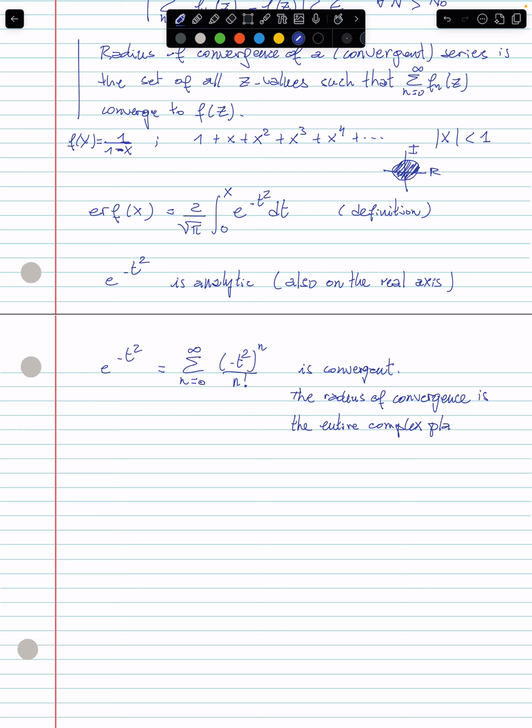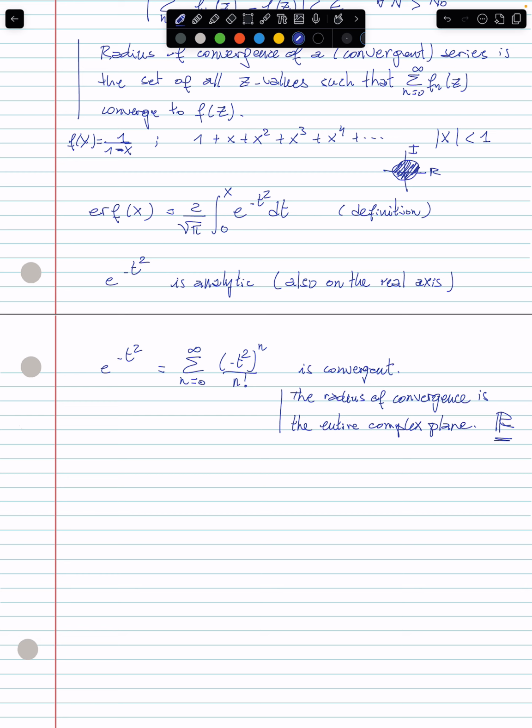So as a consequence, on the real axis, it means this is the entire real axis R. The way to figure out why this is the case is that the denominator here with the factorial grows much faster than what we have at the numerator. And so it means that the different terms that we're going to obtain in this series are getting smaller and smaller.